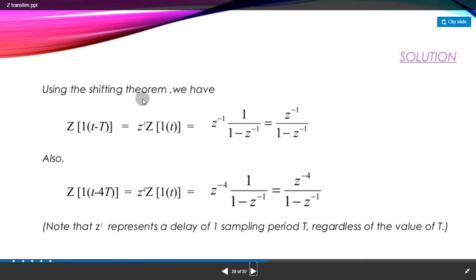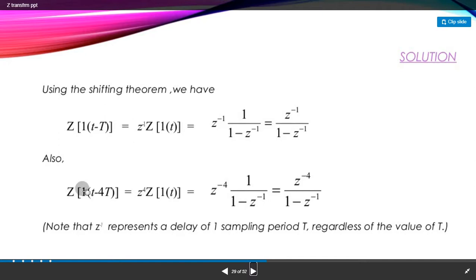Now using the shifting theorem, we have the z transform of 1(t − T) equal to z to the power minus 1 times the z transform of 1(t), which can be written as z to the power minus 1 into 1 by 1 minus z to the power minus 1, equal to z to the power minus 1 by 1 minus z to the power minus 1.